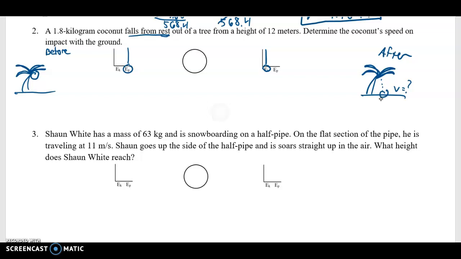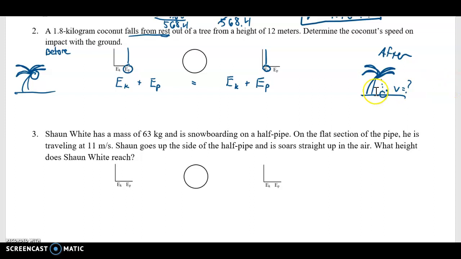And when we write our rule, we know that the total energy, the kinetic energy and potential energy before something happens, is equal to the kinetic energy and the potential energy after something happens.